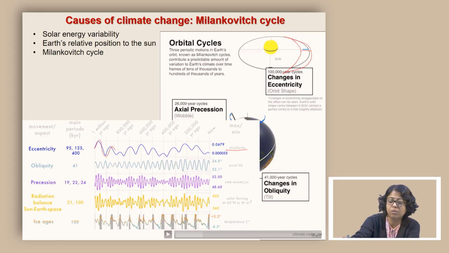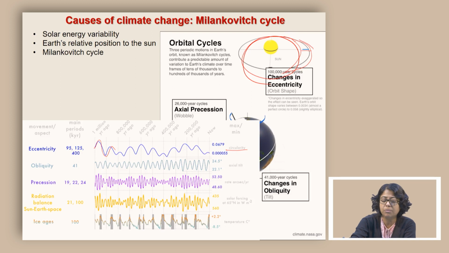Sometimes it comes as a circular shape, and therefore, the variation from the sun is not very much within a single year, but sometimes because of the change in the axis which looks more elliptical, the seasonal variation becomes extreme. So, that is the pattern we are expecting out of eccentricity.